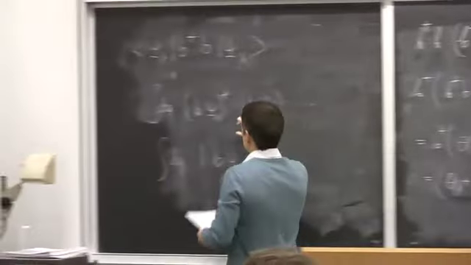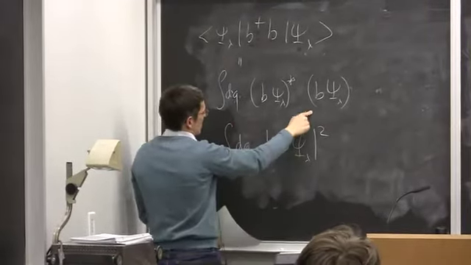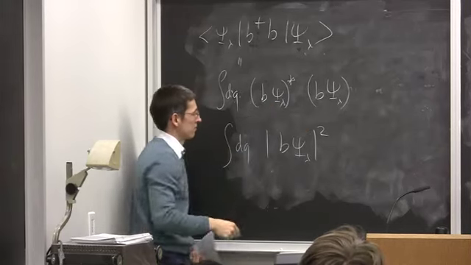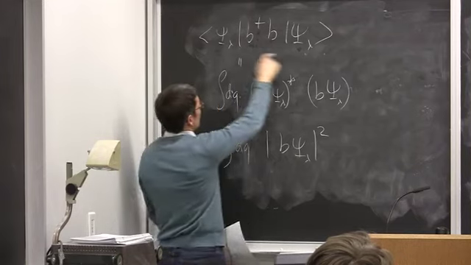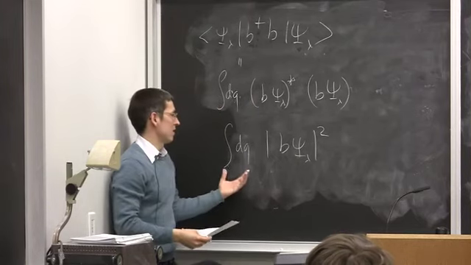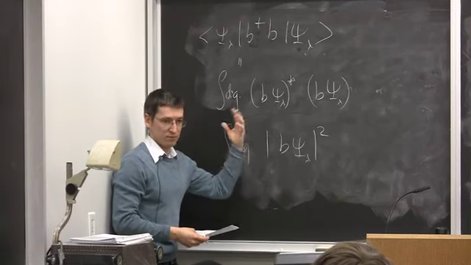Therefore, B dagger acting on this is the same as B with a star. This allows you to say that this matrix element is nothing but an integral over the absolute square of some function.